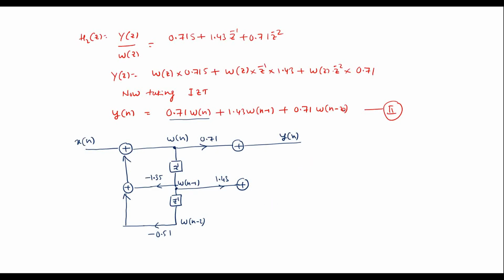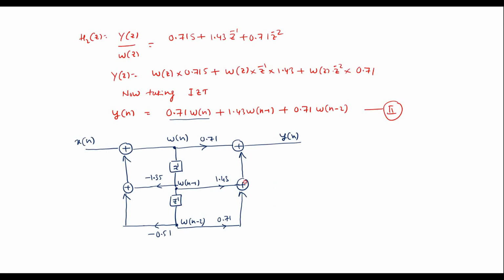Similarly, we have w(n minus 2). Here w(n minus 2) is available. It should be multiplied with 0.71, and it should be connected here. Similarly, this should be connected here.